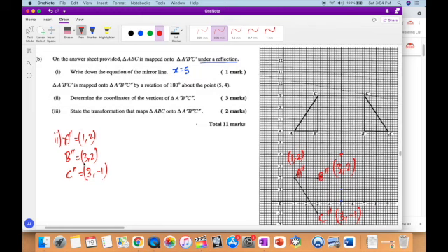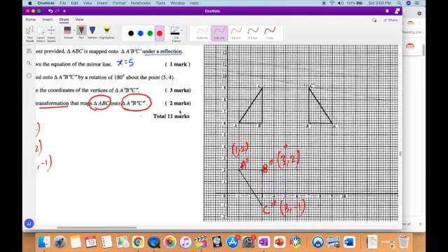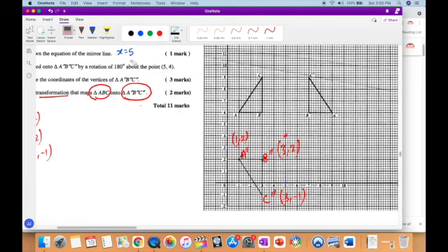And part 3, state the transformation that maps the original ABC to the double prime. Right? So what transformation, and I'll just erase these here.